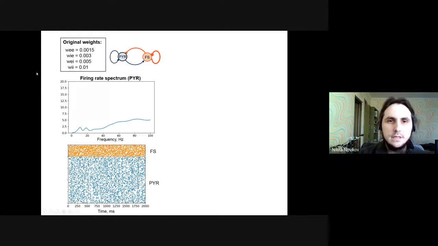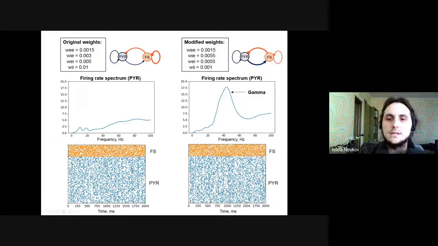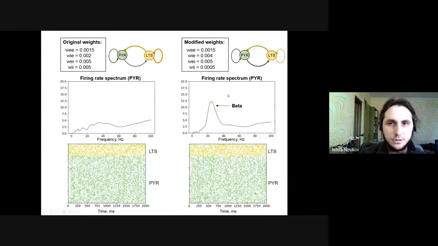So this is the network with the original parameters, and after tuning these parameters, I obtain a peak in the gamma band. Okay, and I did the same thing for layer 5, and here the peak is in the beta band.